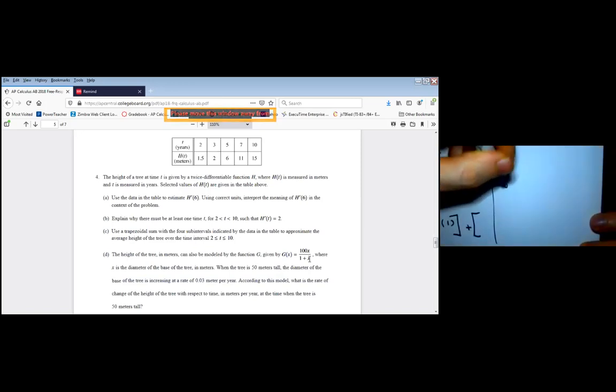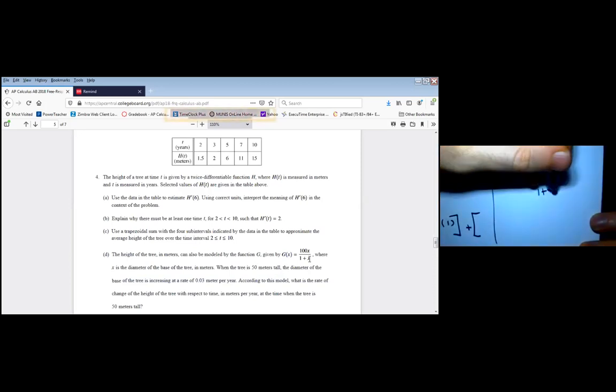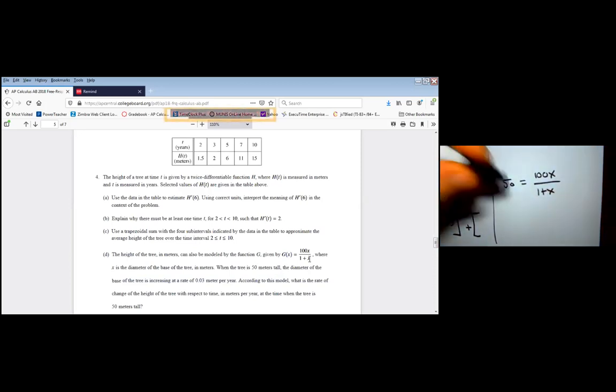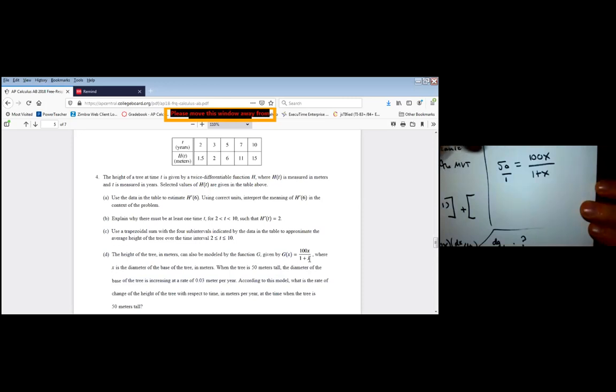So to find x, you go up to that equation and you plug in 50. 50 is equal to 100x over 1 plus x. Solve that out. Pretend it's 50 over 1. Fraction equals fraction. How do you solve that? The algebra says to cross multiply.